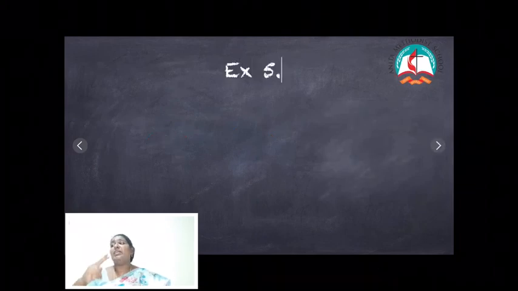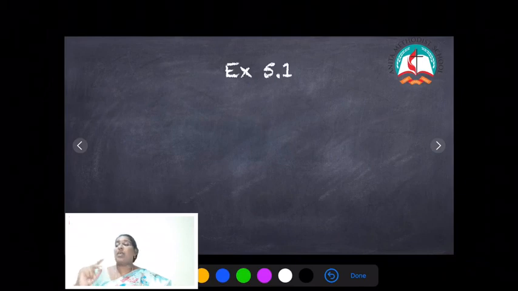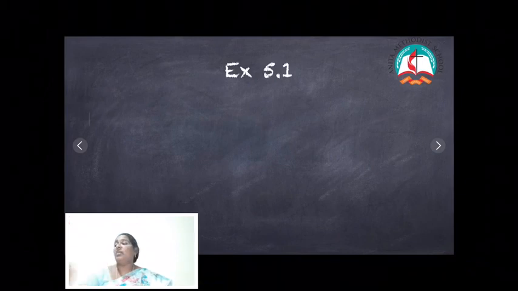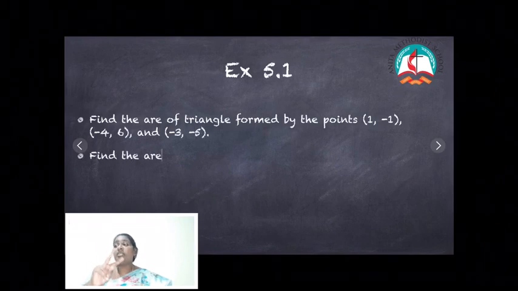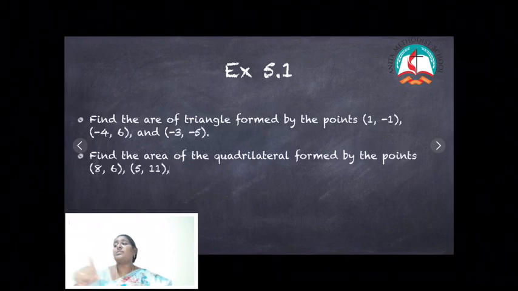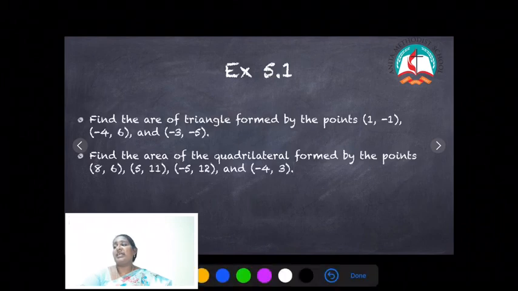Okay. I will give you 2 problems in exercise 5.1. You have to work them out. Children, you are going to work these 2 problems. What are the 2 problems? Find the area of the triangle formed by the points 1, minus 1, minus 4, 6 and minus 3, 5 by using the area of the triangle formula.